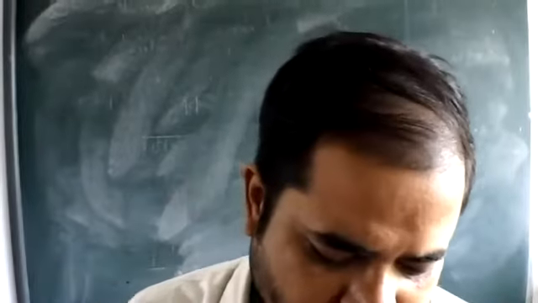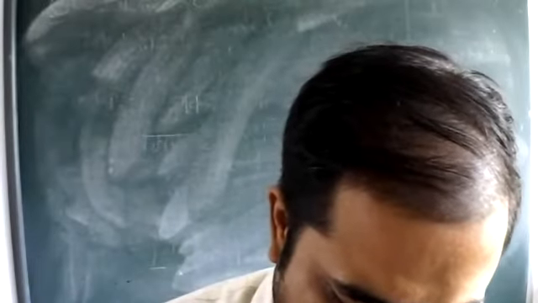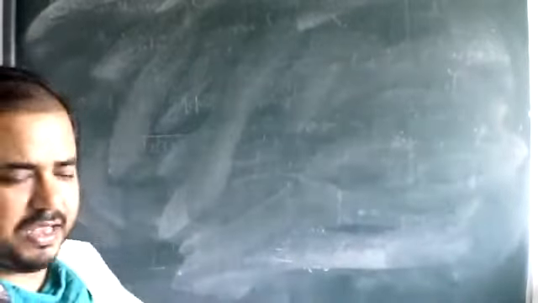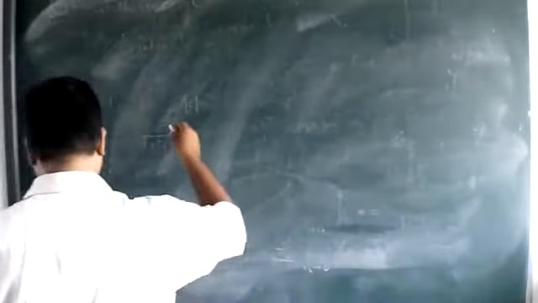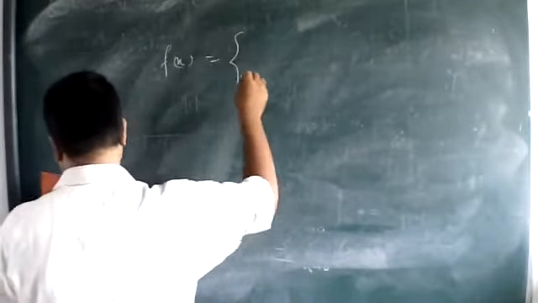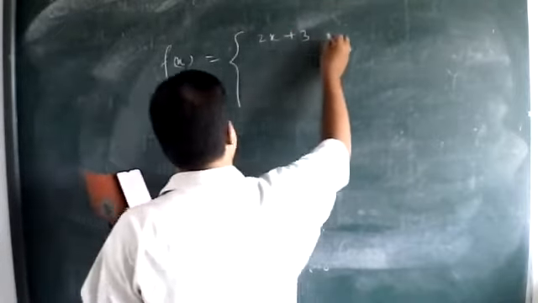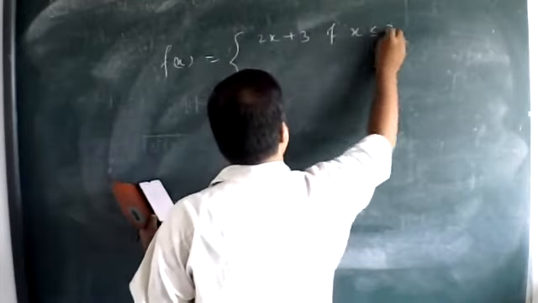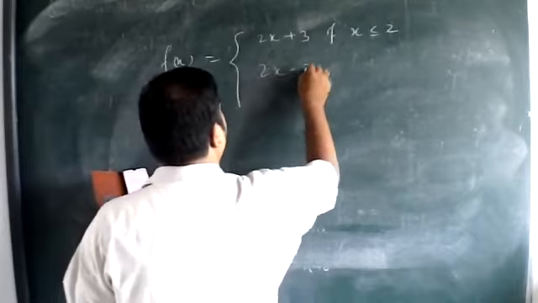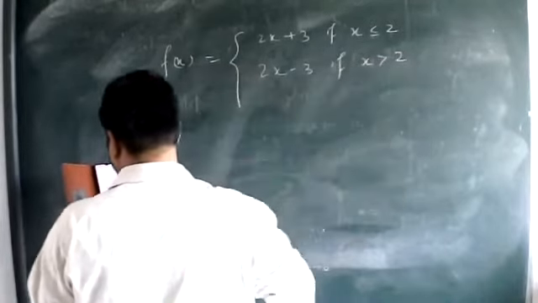Find all points of discontinuity of function f, where f is defined as, first one we see, f(x) is 2x plus 3 if x is less than or equal to 2, and 2x minus 3 if x is greater than 2.